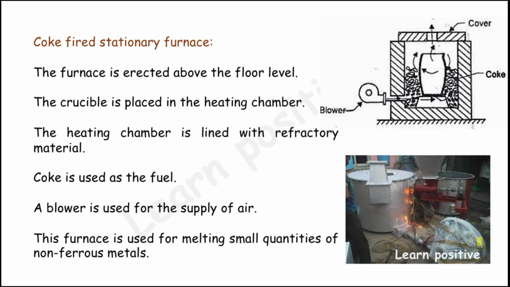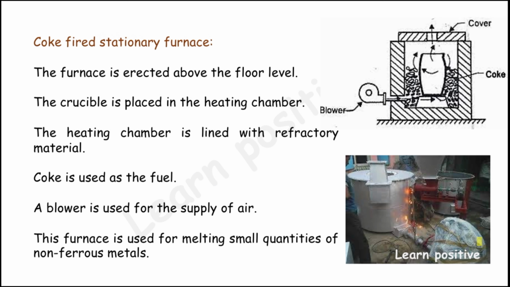So you can see the image. When the air is blowing inside the furnace, the coke is heated, and the heated coke heats the crucible, and the crucible melts the metal. The exhaust gas passes through the top of the lid.